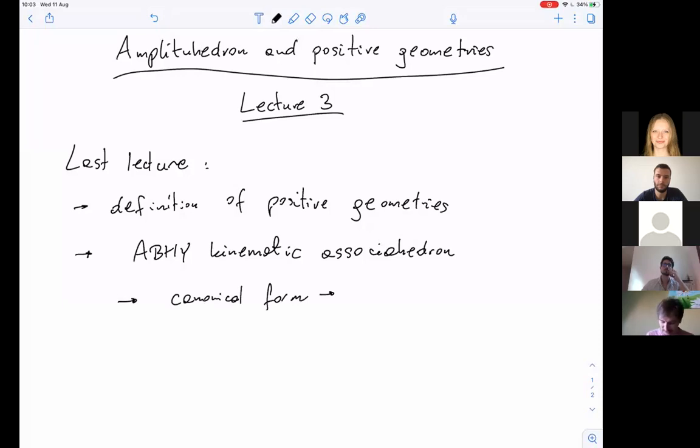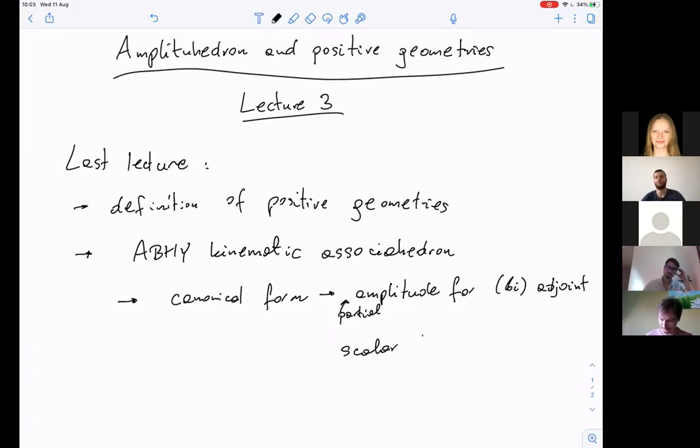And then from this canonical form, you can extract the amplitude for biadjoint, so it's a partial amplitude. So I put here partial, in this biadjoint scalar theory. Okay, so that was the first example where the positive geometries were useful because there is a relation to physics.